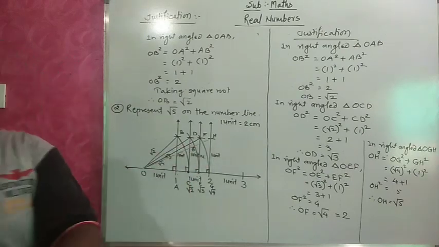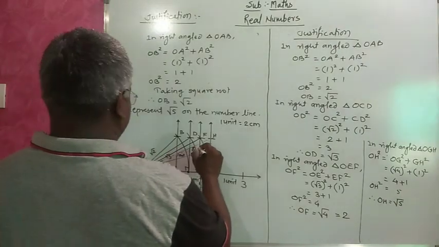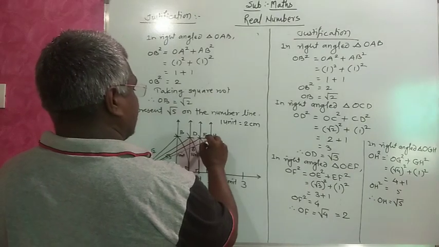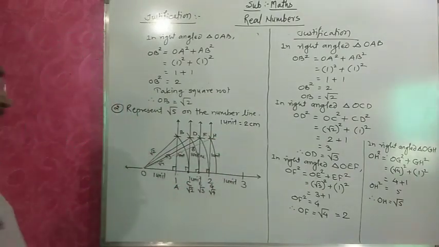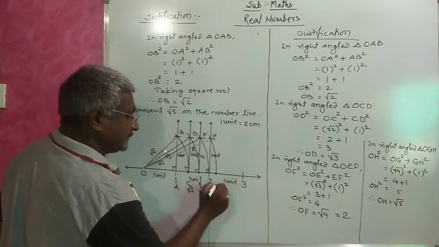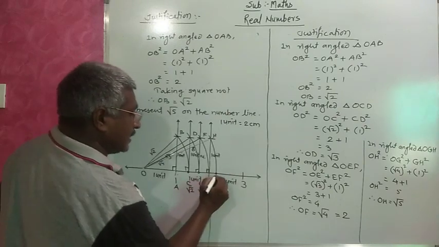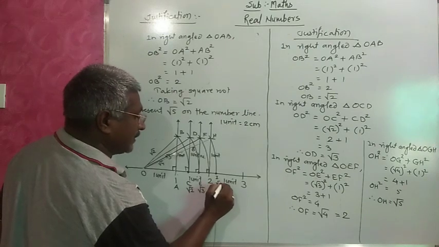So take OH distance in a compass. Like this. Mark on the number line wherever it is intersecting, I. So it is root 5.